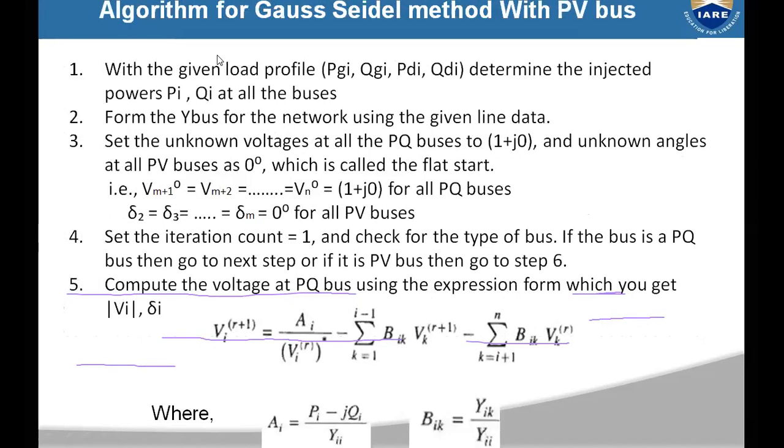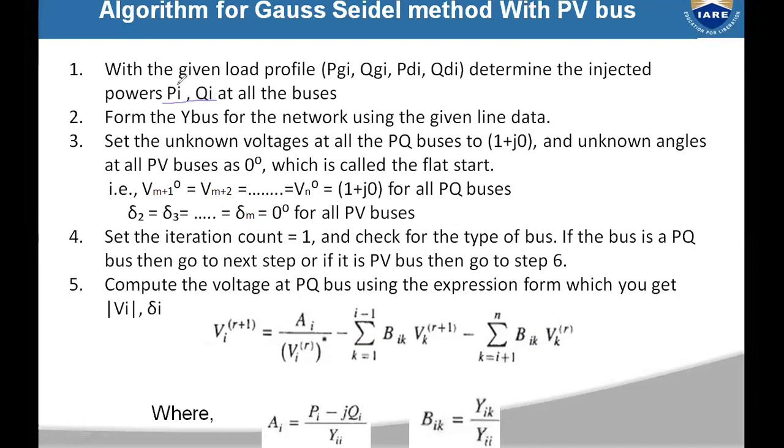Next, let us see the algorithm for the Gauss Seidel method with the consideration of PV buses. The first step in the Gauss Seidel algorithm with the consideration of PV buses is, with the given load profile, you have to determine the power injections at all the buses.